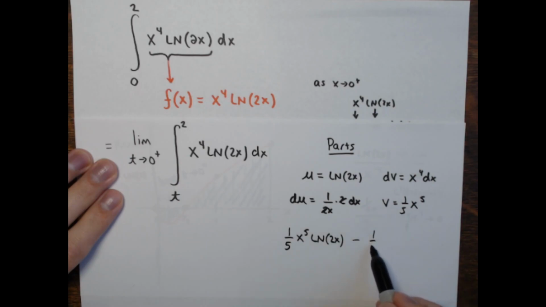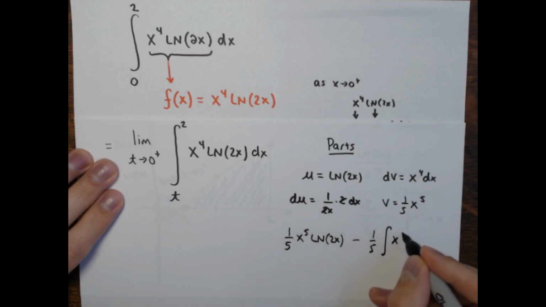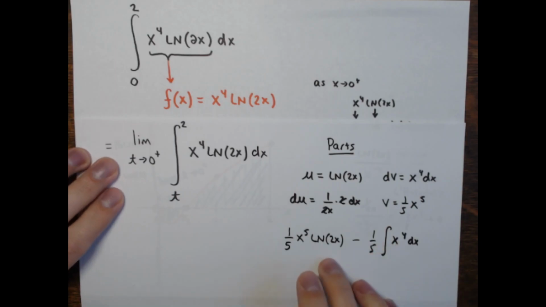We pull this 1/5 out, and then we have the integral of x to the fifth times 1 over x, so x to the fourth dx, and that's 1/5 x to the fifth again. This will be 1/25 x to the fifth.